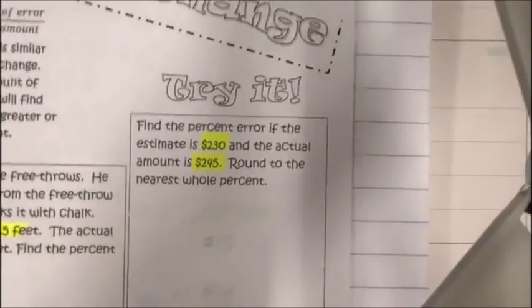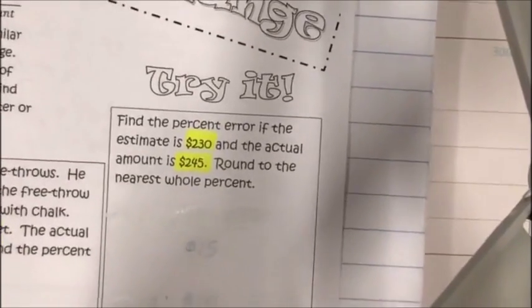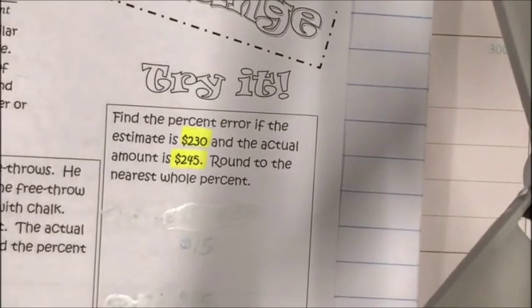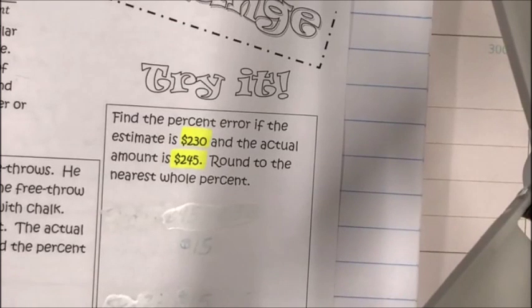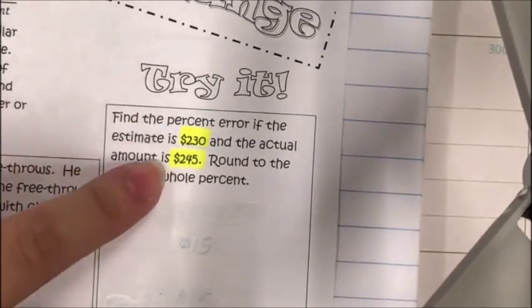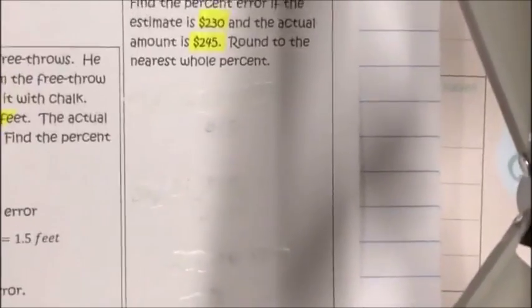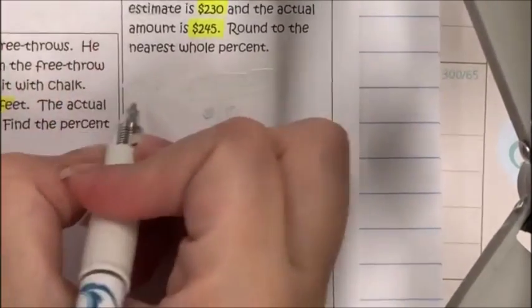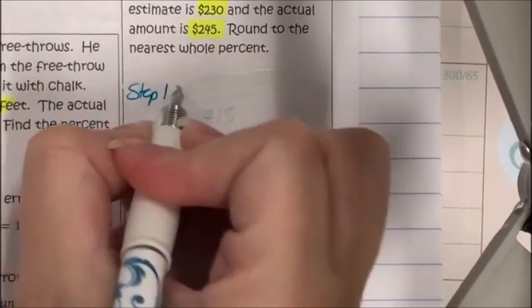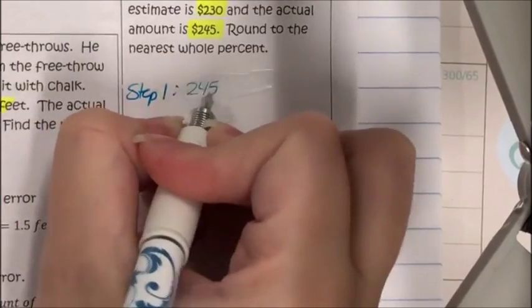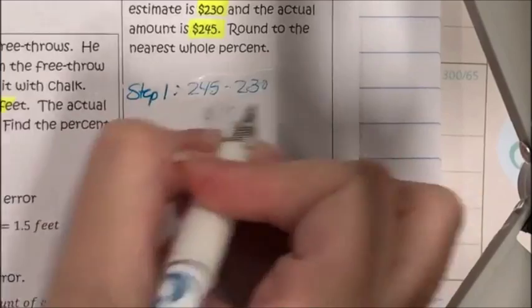All right, so now that you've had a chance to try the try it problem on your own, let's go over it together. So the try it problem says find the percent error if the estimate is $230 and the actual amount is $245. Round to the nearest whole number. So as you can see, I've highlighted the two numbers that you will need, 230 and 245. So step one tells me I need to subtract. So I'm going to subtract 245 minus 230.